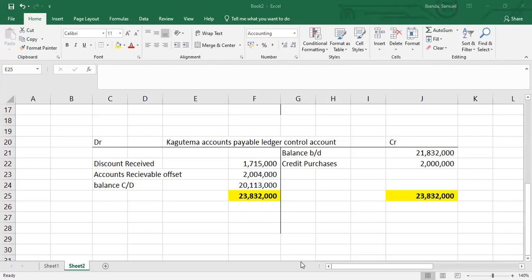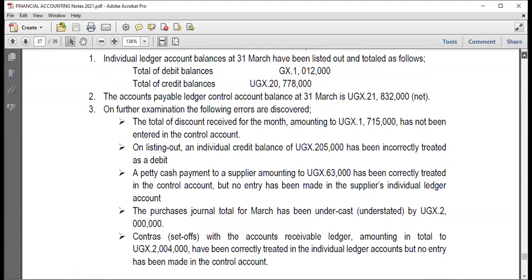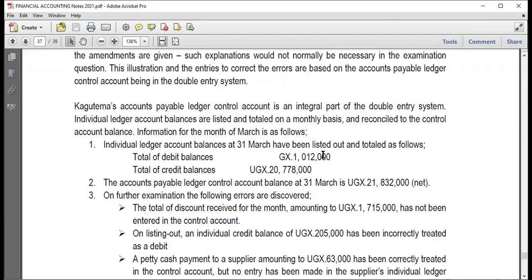So we can just try to finish the question and then we call it a day. The other question was asking us to prepare a statement that reconciles the total of the individual balances, which is the ledger account. Basically, they want a statement that reconciles this total.